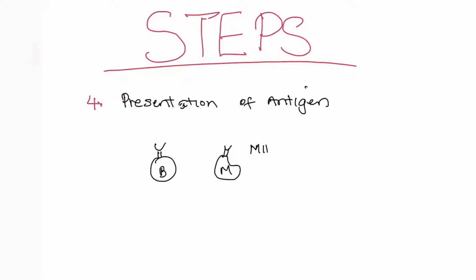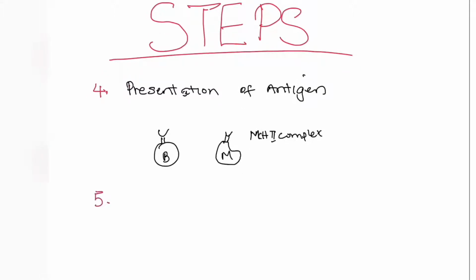After these antigens are processed in your B cells and your macrophages, the MHC 2 complex now brings the processed antigen to the surface for recognition. What recognizes these cells in the T-dependent humoral response is your T helper cells.